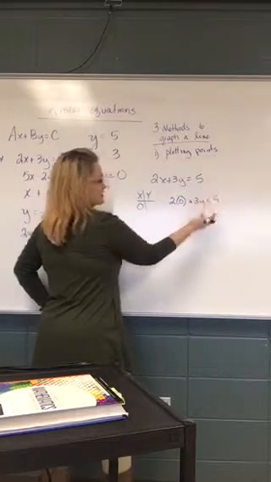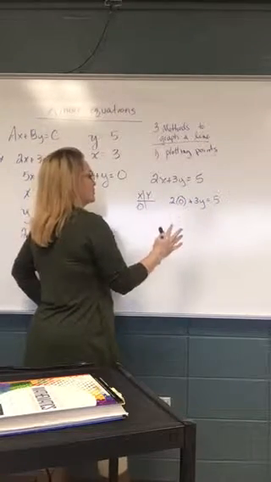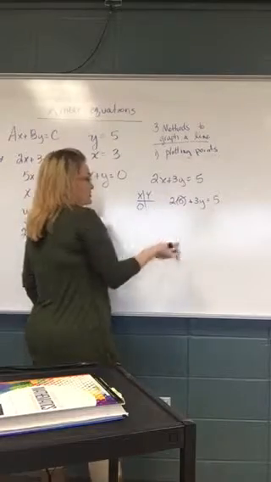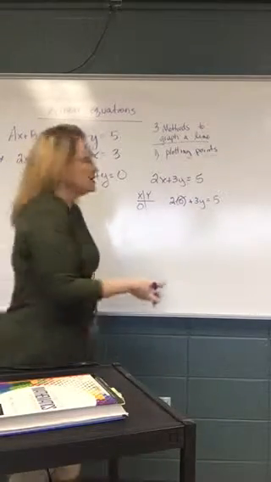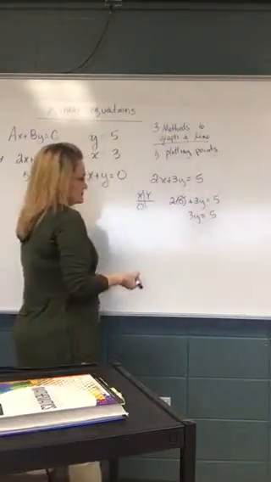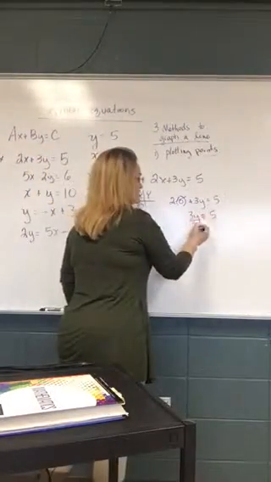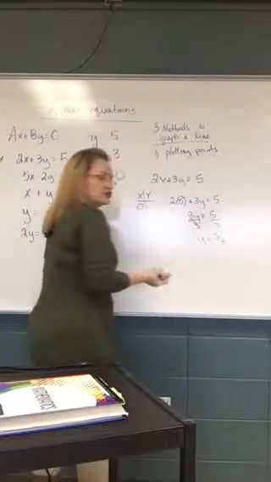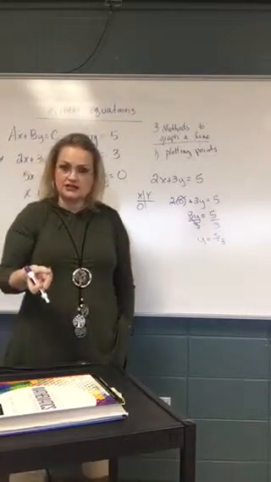We don't know what y is here. We're saying, I don't know the combo that works, so I'm going to solve the equation. So 2 times 0 zeroes that out, so I just drop that, and then 3y equals 5. All right, 3 times what is 5? Unfortunately, it's a fraction, which is a little harder to graph, but it's still a valid solution.